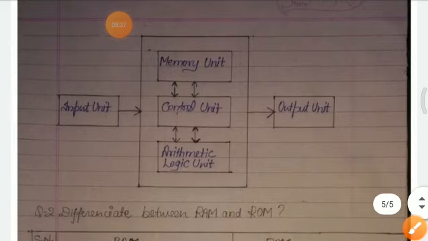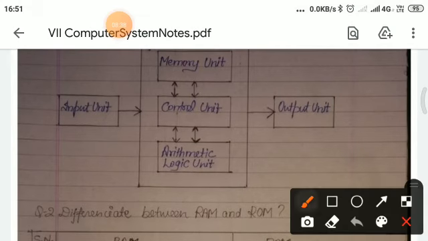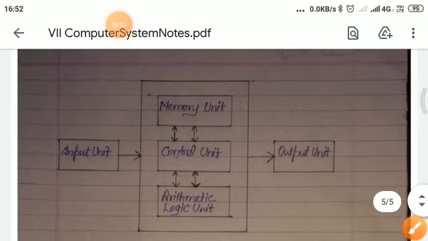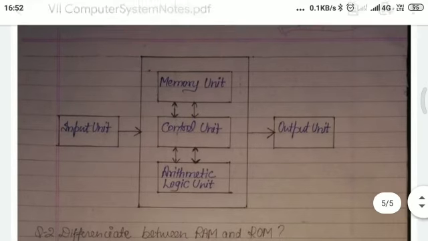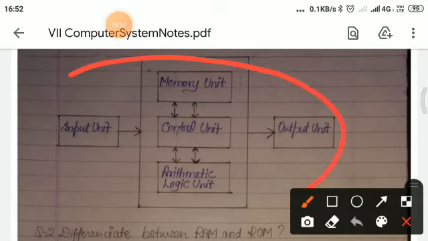And this is the block diagram of a computer system. This is input unit, memory unit, control unit, arithmetic logic unit, and this is output unit. So students, this is the overall block diagram of a computer system.